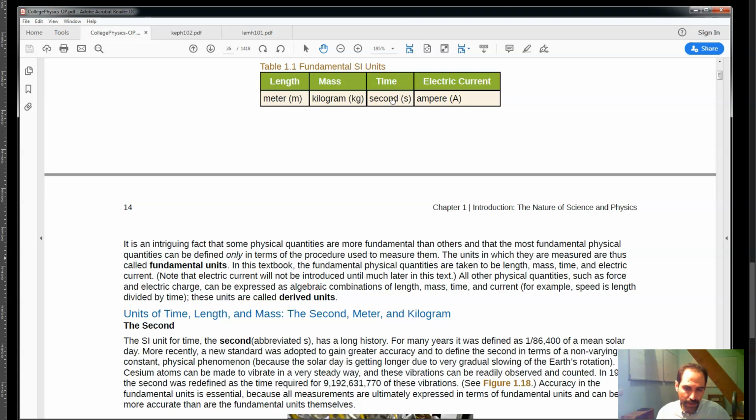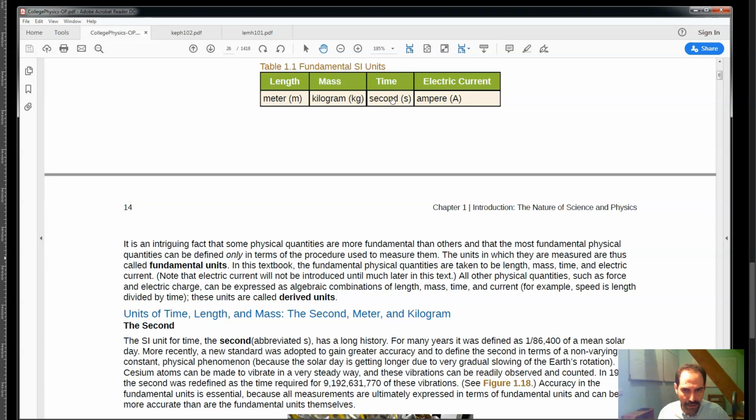But whatever the case is, it seems that these vibrations can be measured, and then a certain number of those vibrations is measured as, for example, 1 second.